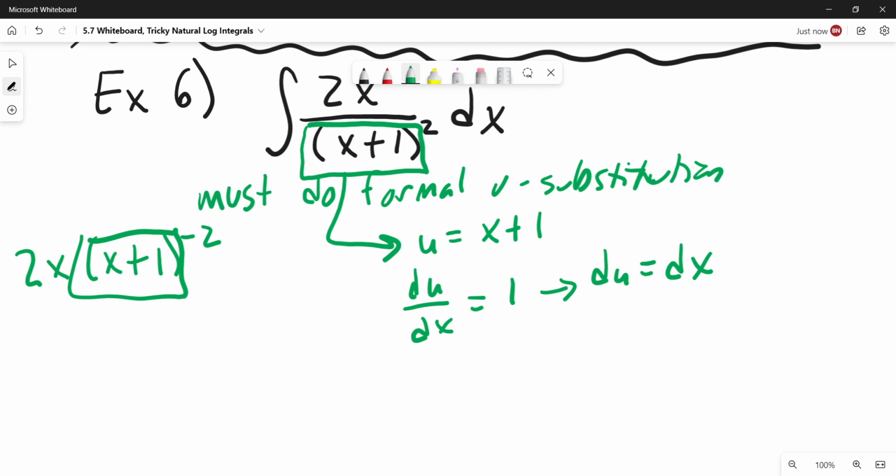Okay, now again, what we have to do is substitute for formal u-substitution. We're going all the way in terms of u. So rewrite everything in terms of u.